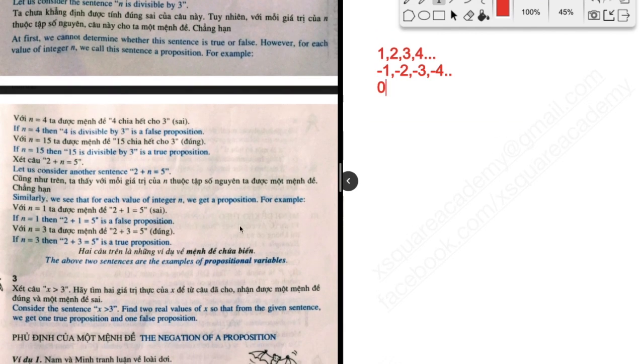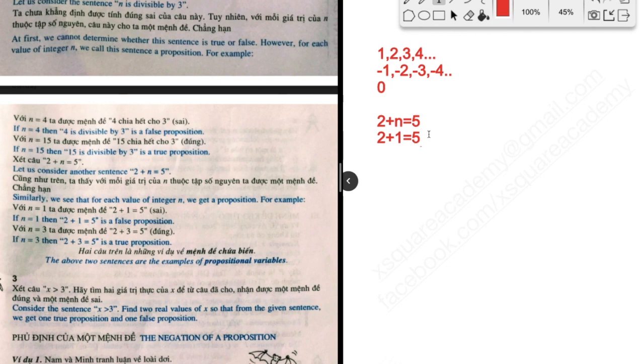If we come back to our propositional variable, 2 plus n equals 5, and if n equals 1, we have 2 plus 1 equals 5, which is a false proposition, because 2 plus 1 is equal to 3, not 5.